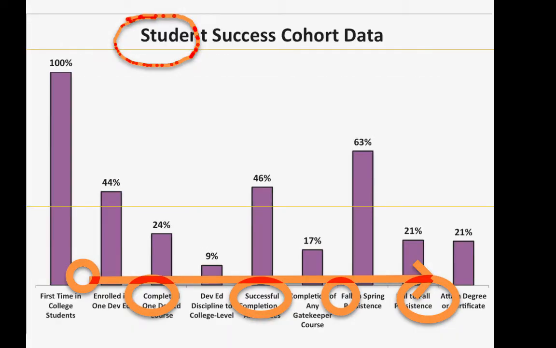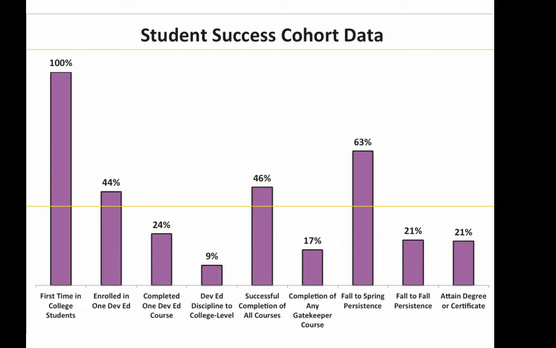These data come from an institution participating in a statewide success initiative. And they looked at their first-time in college students. And that group would constitute about 100% of students who came in a given fall. In this case, it was fall 2009.